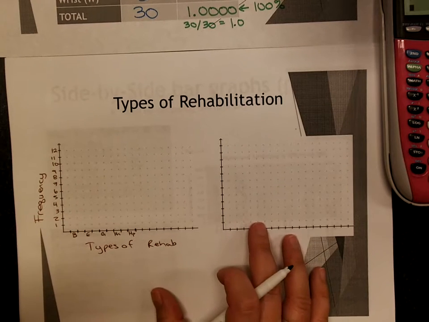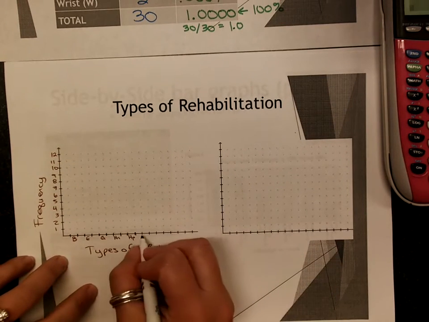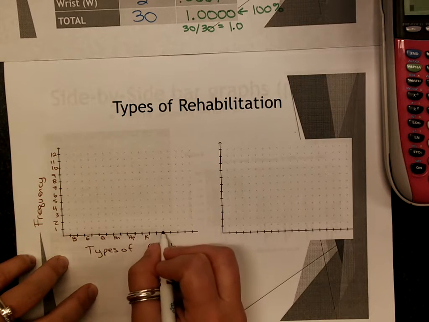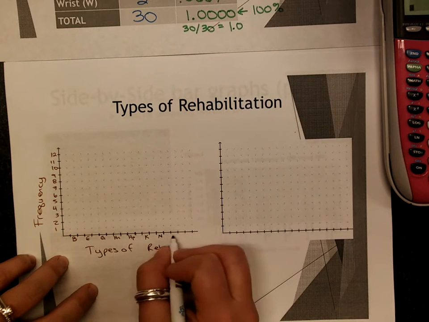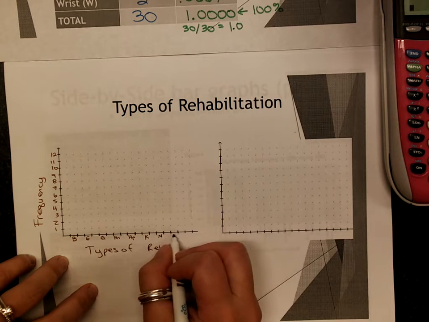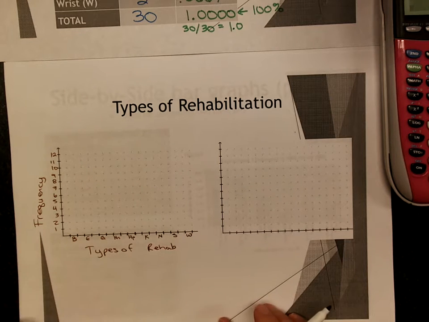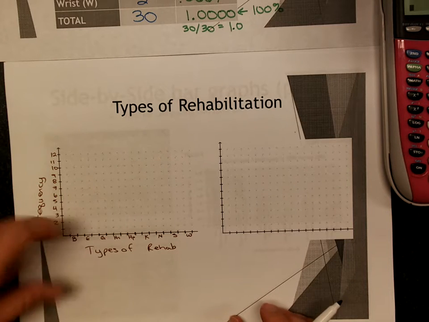So keep skipping spaces. Knee, skip a space. Neck, skip a space. Shoulder, skip a space. Wrist. There should be room to list each category and a space in between.